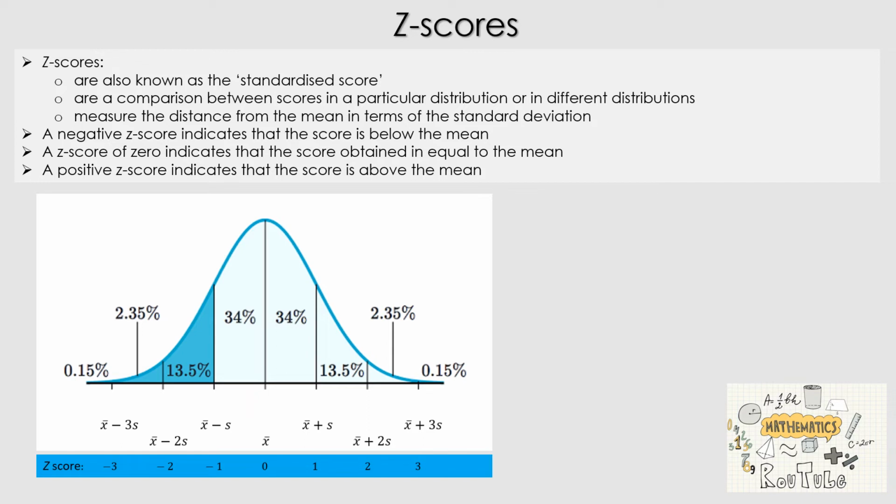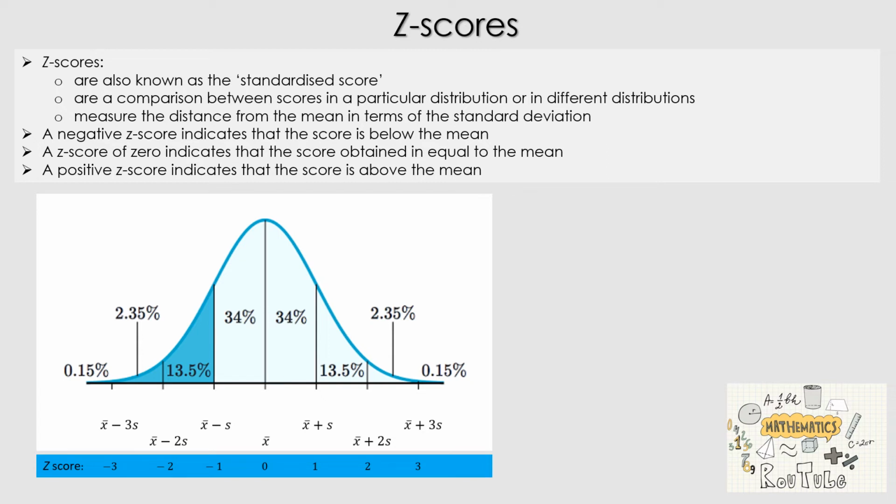If you've got a Z-score of -2, it means that score is 2 standard deviations below the mean, and so on. If you get a Z-score of 0, or a standard score of 0, it indicates that the score is the same as the mean.